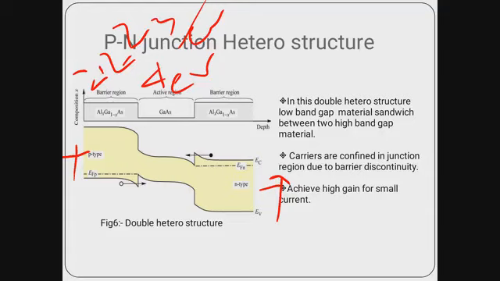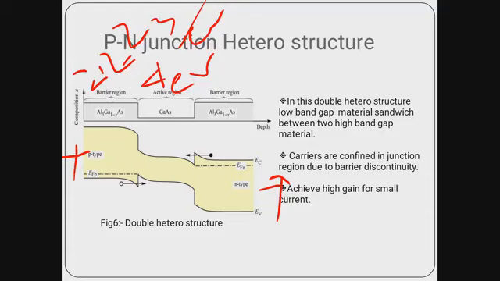Hence the valence band EV also moves up, because E is equal to minus E into V. V is negative, so minus into minus, the output will be positive. That means this level is shifted up.